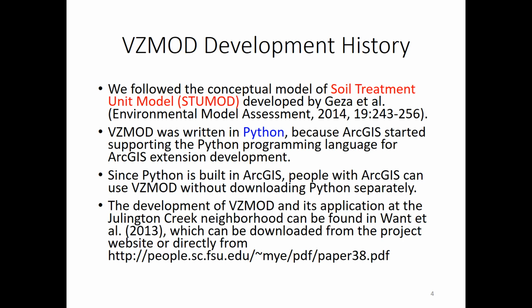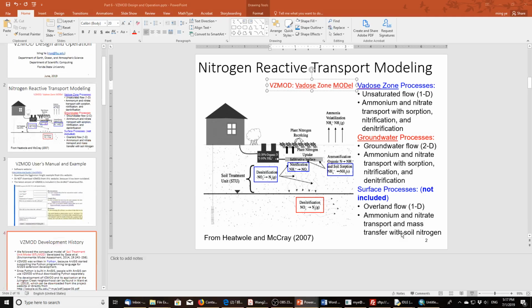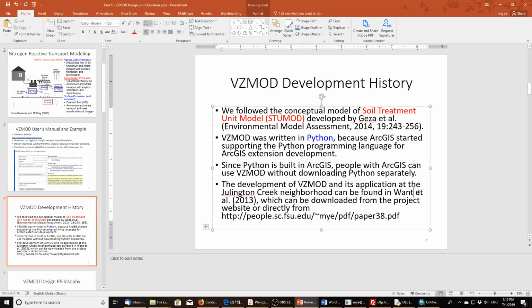You don't need to buy it. And Python is also built into ArcGIS. So if you already have ArcGIS, Python should be there, and you don't need to download and install it separately. For more information on VZMOD, you can read the paper published by Wang et al. There was a typo here.